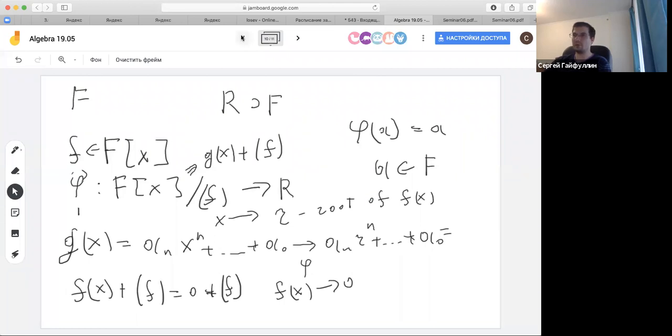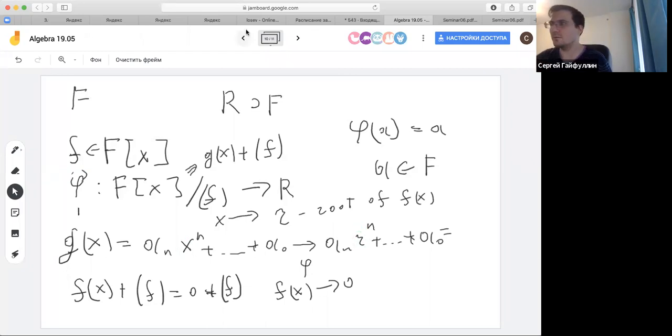This homomorphism can be obtained by fixing r, a root of this polynomial. This polynomial has just a finite number of roots, so we have just a finite number of these homomorphisms. Coefficients go to themselves, and x goes to r.